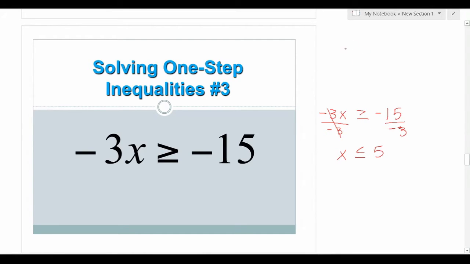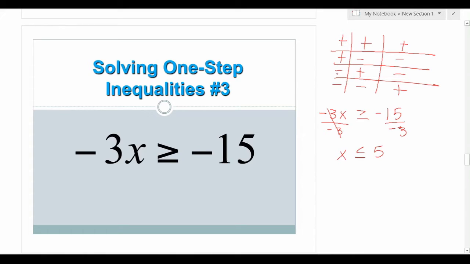Again, if you need to see it, here's the signs chart. Let me go ahead and put that up real quick. This is the signs chart, and it's applicable to both multiplication and division. And this is how you use it. If you have a positive times a positive, the product's going to be positive.